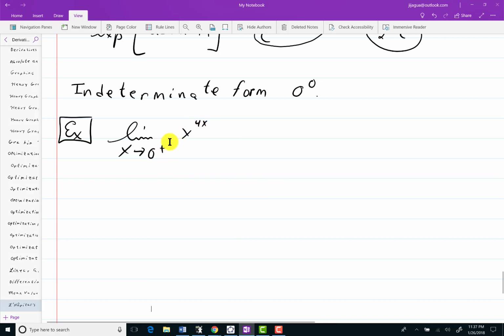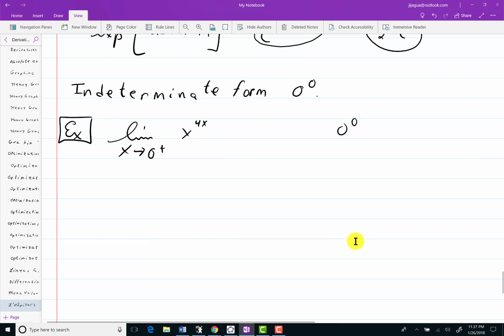The reason I put the positive here is because if you try to approach 0 from the left side, you'll be taking negative numbers to very strange, maybe even irrational exponents, and you'll have non-real numbers. We have all real numbers as long as I stay in the positive realm. So 0 to the 0, this is certainly a 0 to the 0 form.